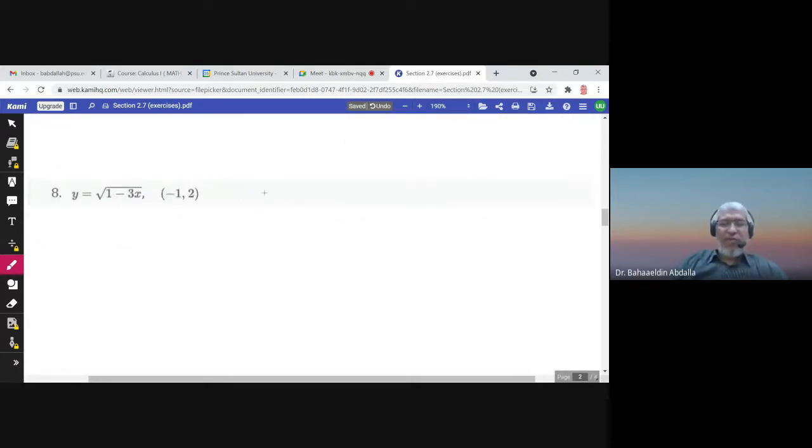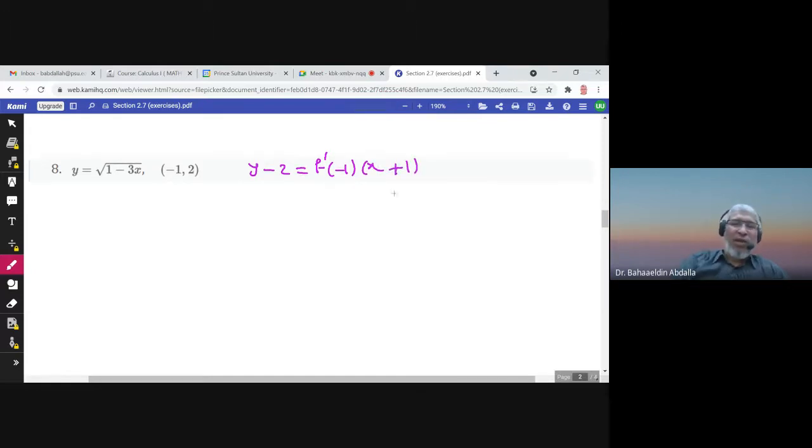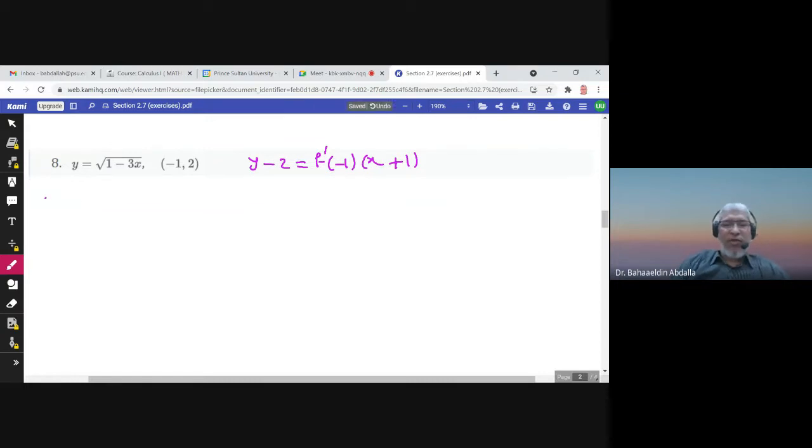Again, find the equation of the tangent line. So it's y minus 2 equals f prime of negative 1 times x minus minus 1, or plus 1. And we need to find f prime of negative 1. I'll also use the same definition. So it's the limit of f of x minus f of negative 1 over x minus negative 1 when x approaches negative 1.